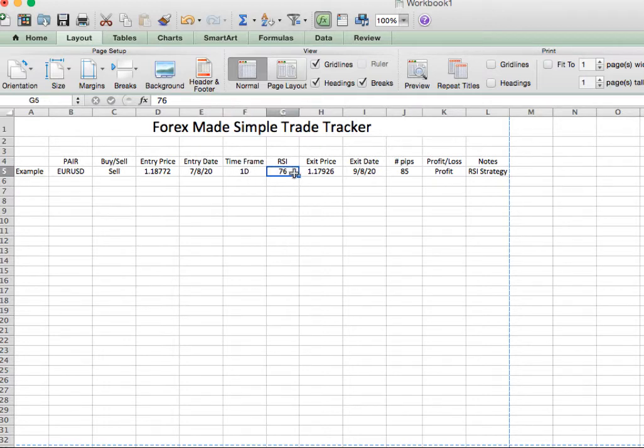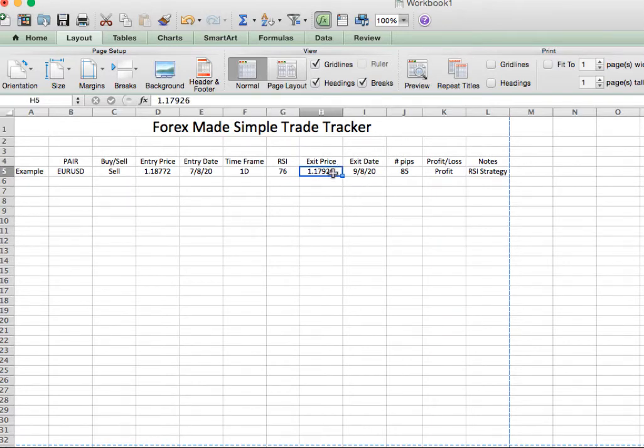What was the RSI at this point? I use this as part of a simple strategy that I teach, obviously. For those of you that actually purchased the course, you would know specifically what that strategy is, okay? But you want to make a note. What was the RSI like when we took that trade?